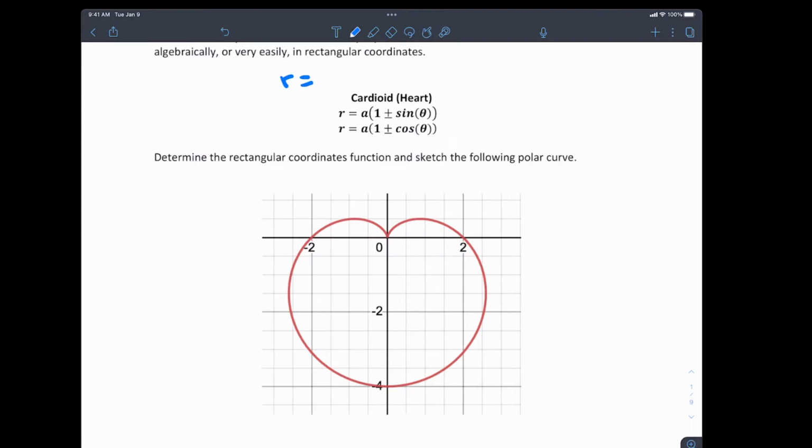So the way I see it is a cosine theta, or a sine theta in my mind. And yes, you can see a subtraction. It's either plus or minus. That's why they do a plus or minus. All of these are cardioids, hearts.